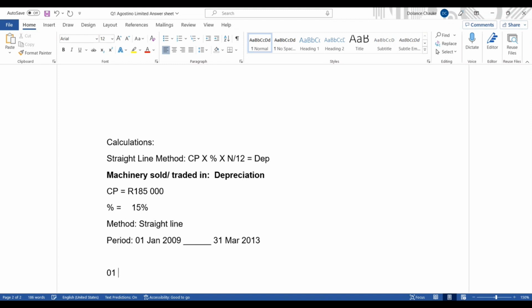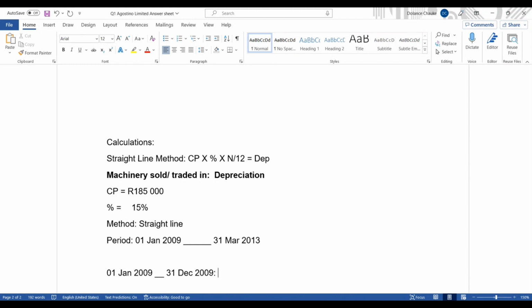So 01 January 2009 until 31st December 2009. Then we'll calculate depreciation.